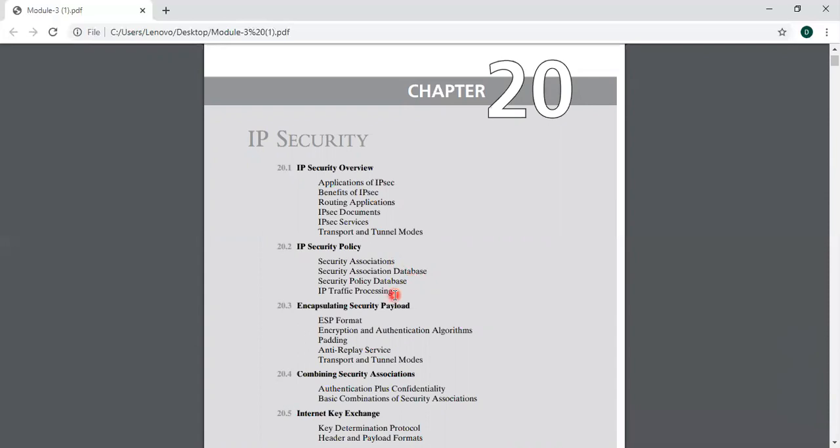The next topic we discussed is IP traffic processing, which means transmitting the packets: outbound packets and inbound packets. Outbound packet means related to the transmission side. Inbound packet means related to the receiver side. In the next class, we will be discussing encapsulating security payload.